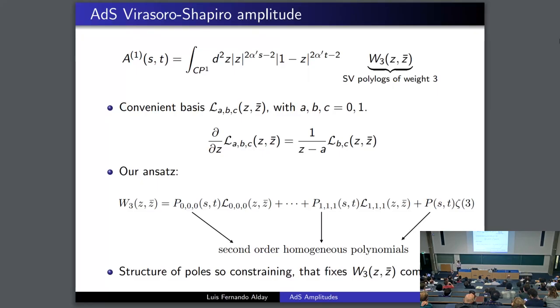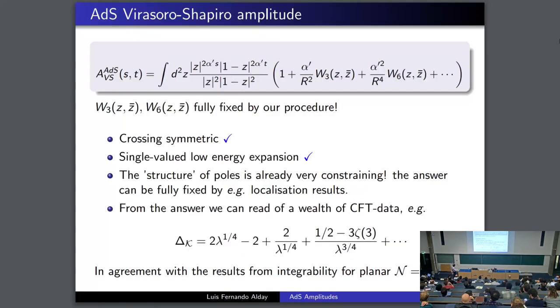And it is so small that the structure of poles is so constraining that this answer is fixed uniquely. One can even go farther, especially with the help of Tobias, who is extremely good at these things. You can go to weight 6, where you have something like 140 functions, but again, the whole structure is so constraining that we needed one extra result, let's say from localization, to fully fix the answer.